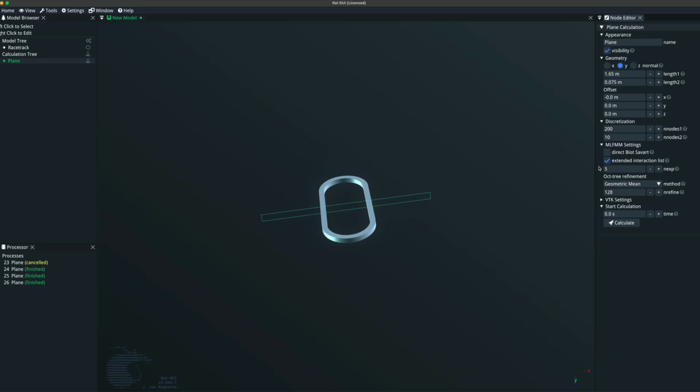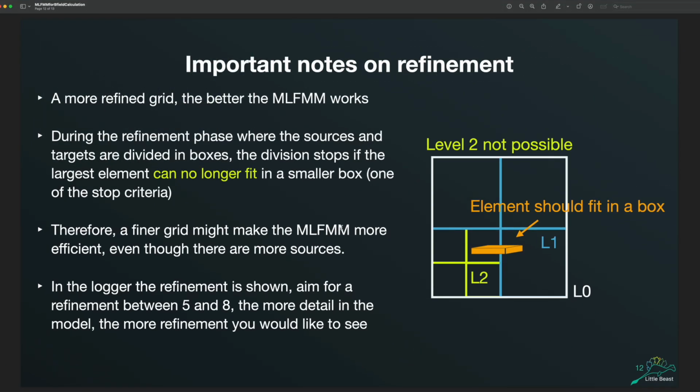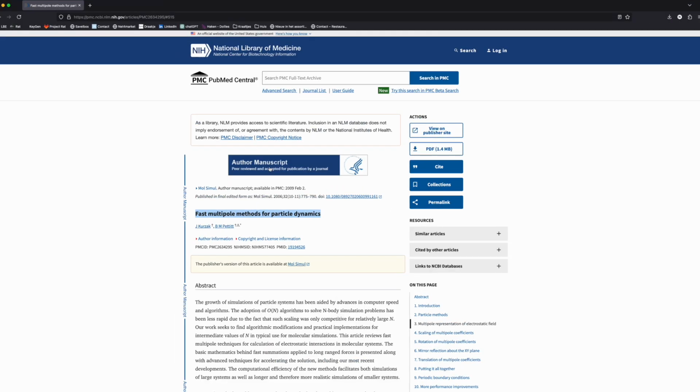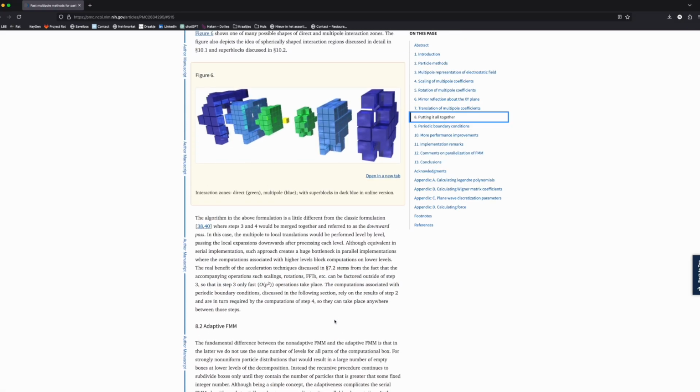If you want a more accurate calculation, you should make sure that you have an extended interaction list. This is what is meant here: it does not only do the nearest neighbors, the Biot-Savart there, but it takes a few more nearest neighbors. So in 3D, if we go to this paper from Mr. Korzak and Petit, the paper is called Fast Multipole Methods for Particle Dynamics, they show a picture.